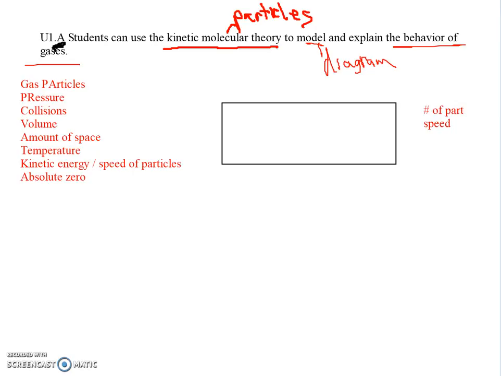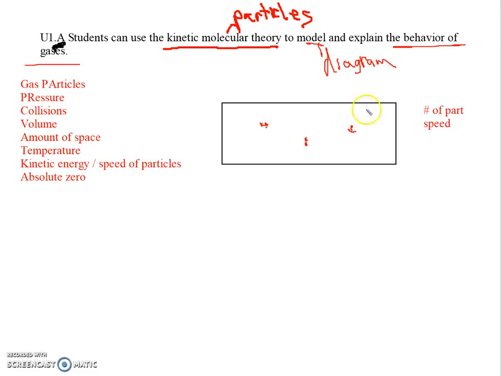So for example, if I want to draw something that's at a low pressure and low temperature, then I would draw very few particles because there can't be many collisions. And low temperature would mean they're not moving very fast, so I would draw very small arrows.